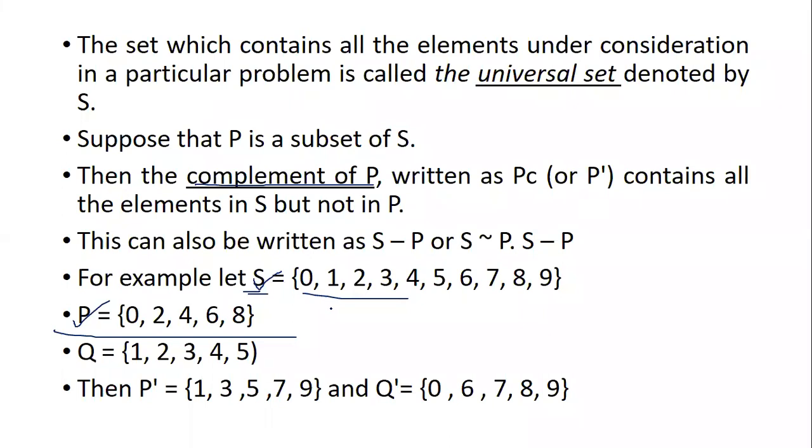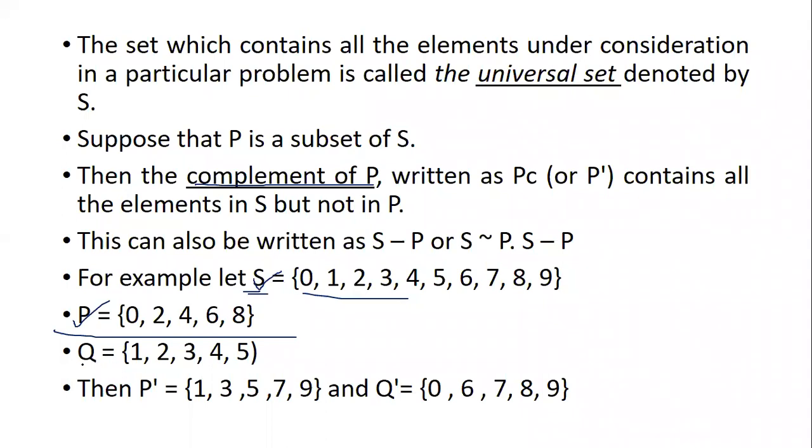If S is the superset, what is P? P is the subset. Very good. So P is a subset of S, and S is a superset. A superset means it has more information, right? So that's why it is called the universal set.